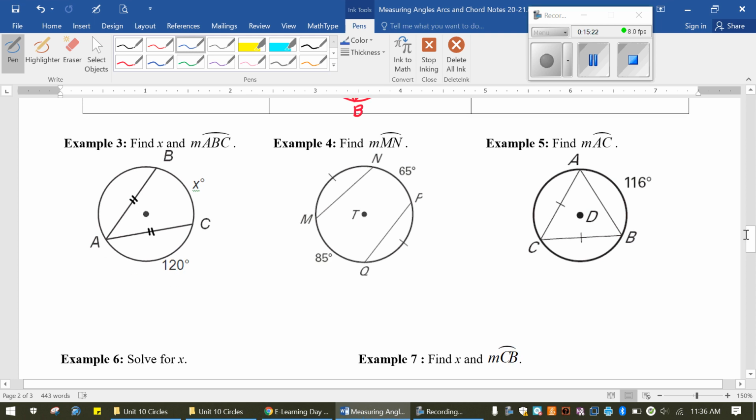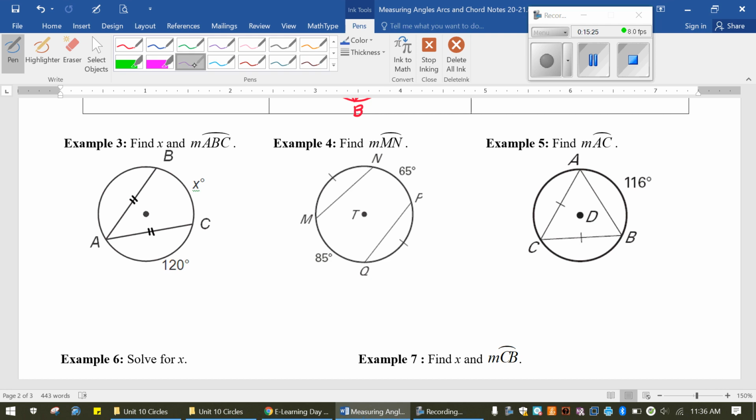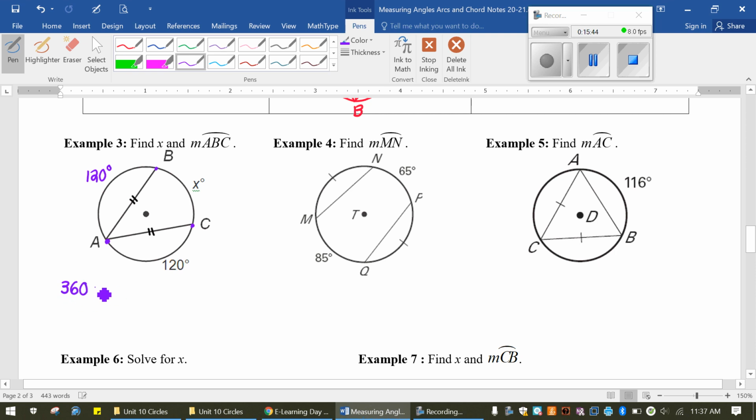So in example number 3, I see that I have congruent chords being marked, a double mark right here. That means from A to C is 120, so from A to B should also be 120 degrees. If all the way around your circle is 360 degrees, you could find x by taking 360 and subtracting the two arcs that we've already labeled, which means what's left for x is also 120 degrees.